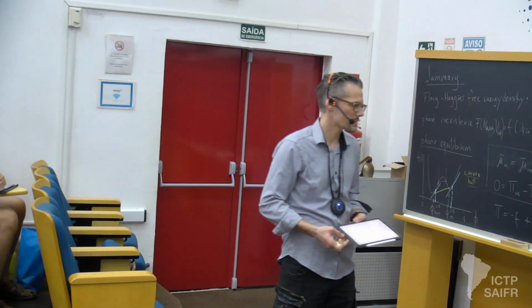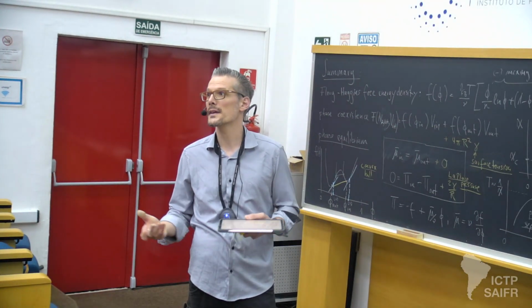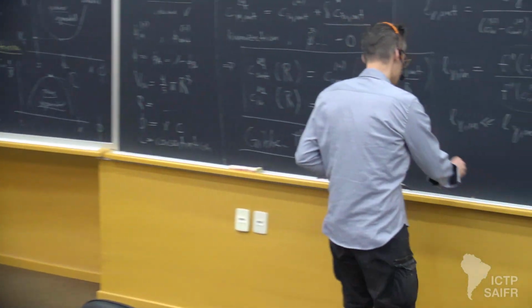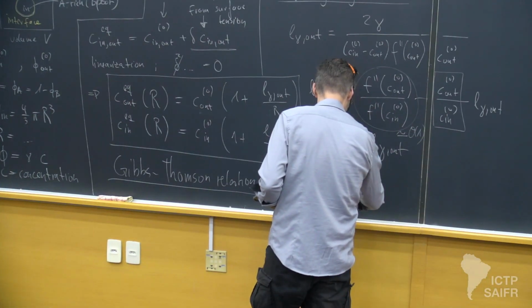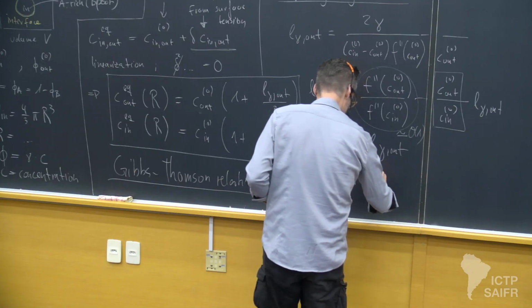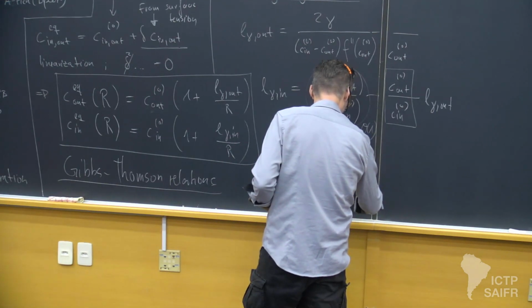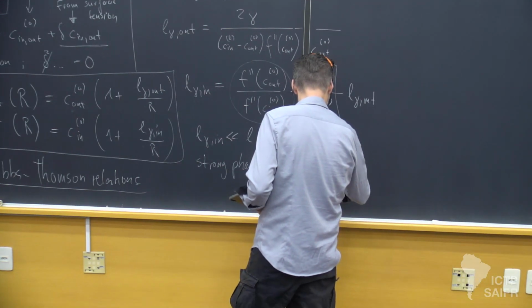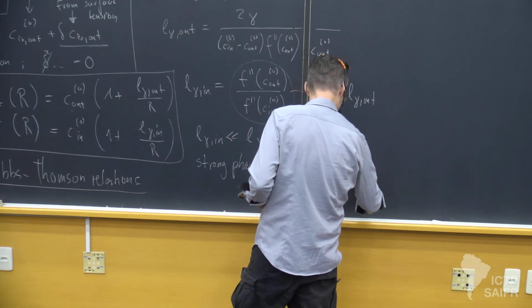In vitro, it's often in the order of 100 to 10,000. So it can be a very big number. And we call this strong phase separation, which simply means that C in 0 is much bigger than C out 0.